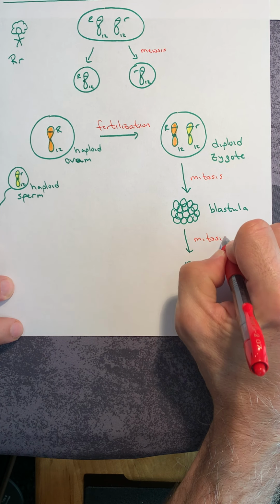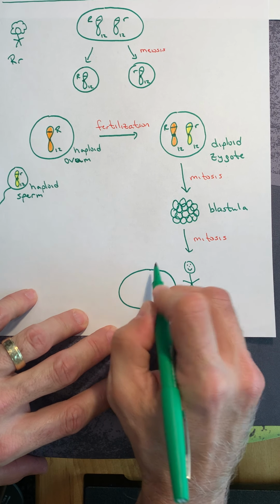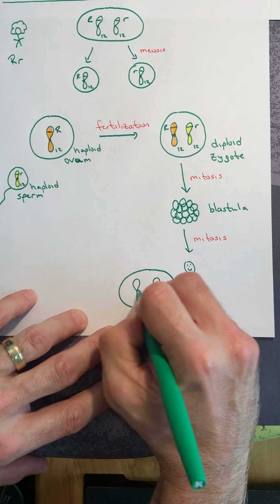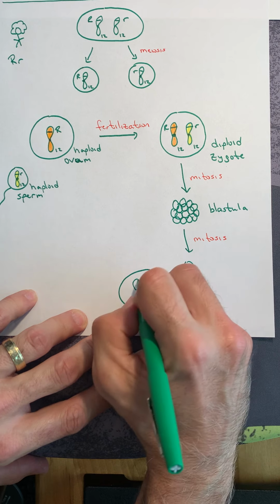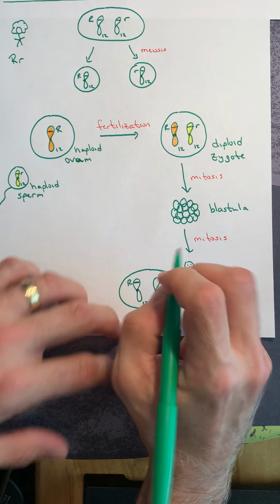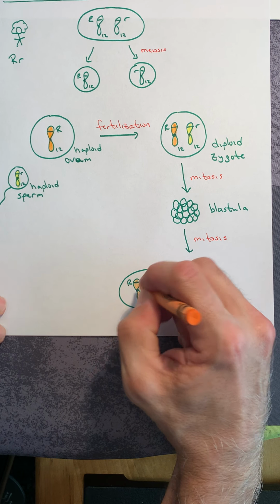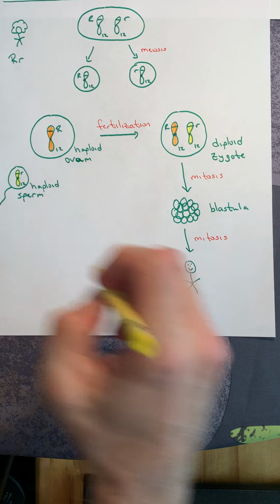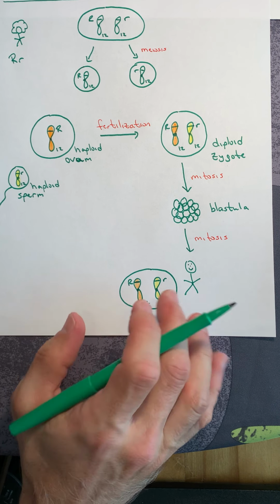And what does this individual carry? This individual carries two copies of number 12. He received the dominant R from his biological mother, while he received the recessive r from his biological father, like such.